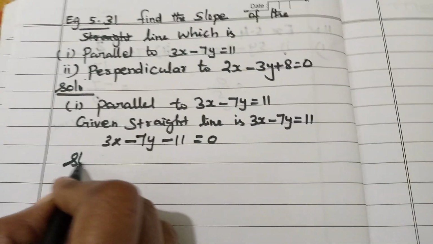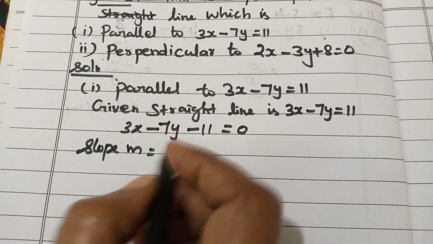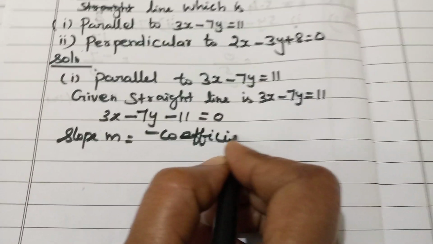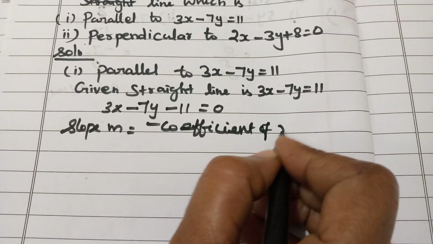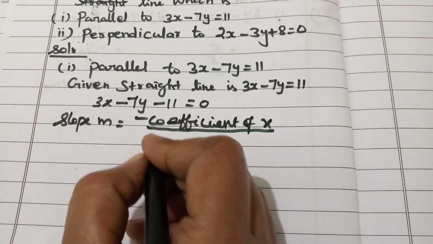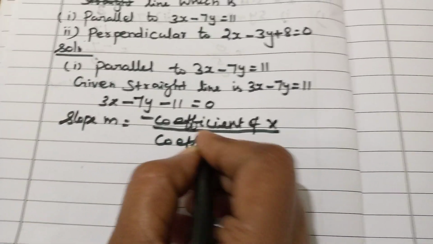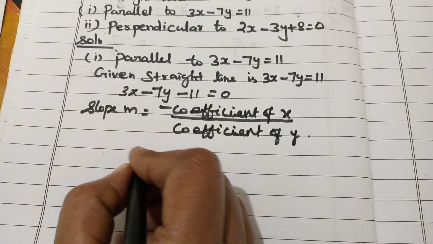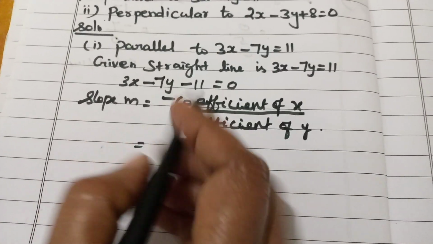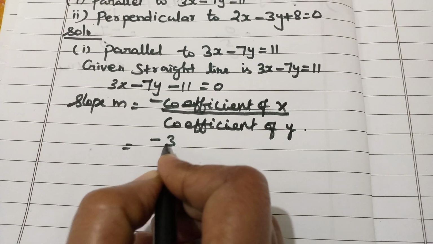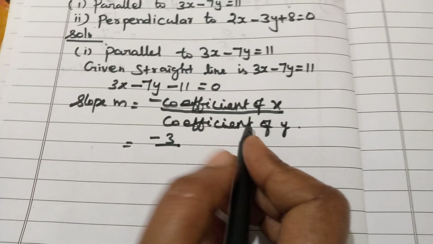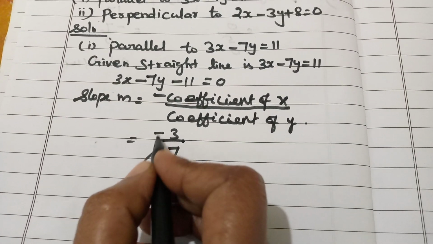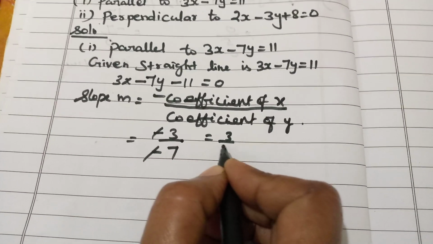Slope m is equal to minus coefficient of x by coefficient of y. What is the coefficient of x here? 3. Minus is there in the formula. Minus 3 divided by, what is the coefficient of y? Minus 7. Here minus can be cancelled. We get 3 by 7.